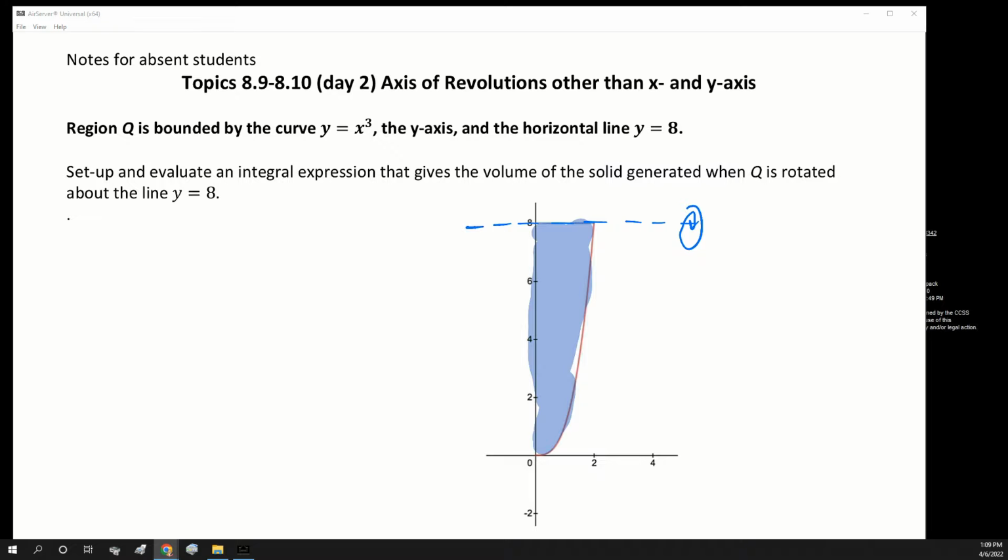What we're going to do is draw a radius from the axis of revolution to the curve, and then represent that radius with an expression. What I told you to do in the previous lesson is the same thing I want you to do in this lesson, which in this case, where that radius is a vertical line, is top minus bottom.